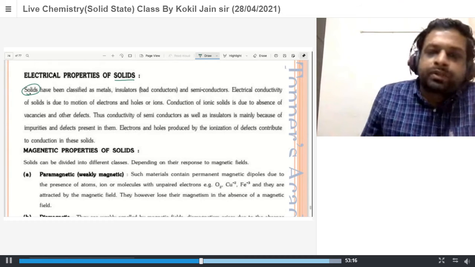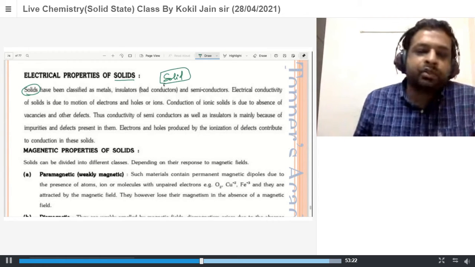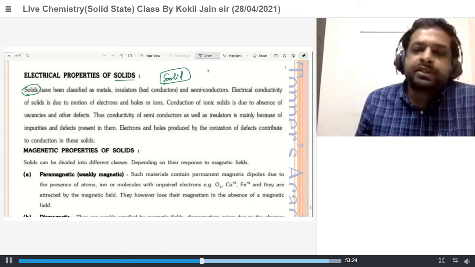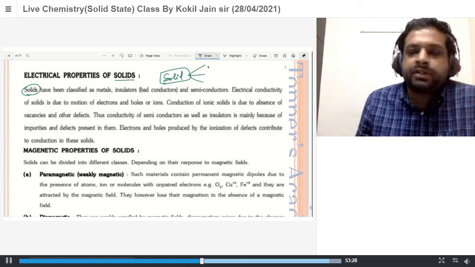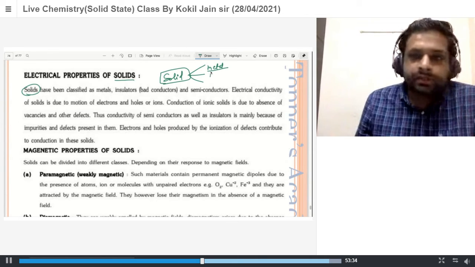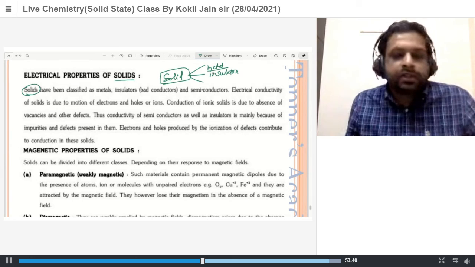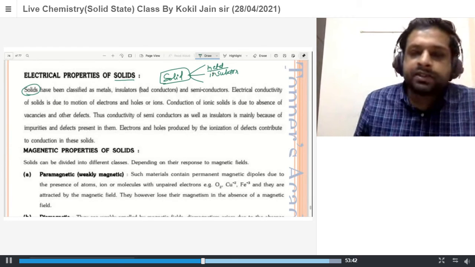When we study P block and SP block groups, we will see three different types of solids. Metal, which conducts electricity. Some are insulators here. And some are semiconductors here.